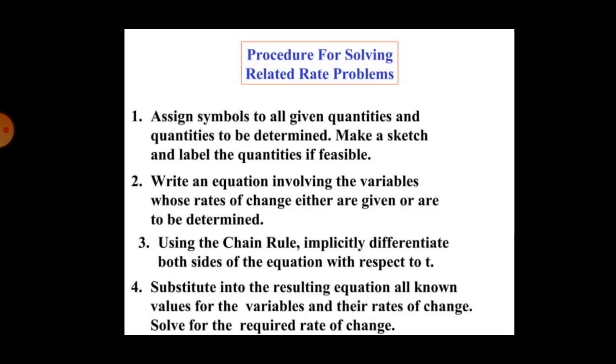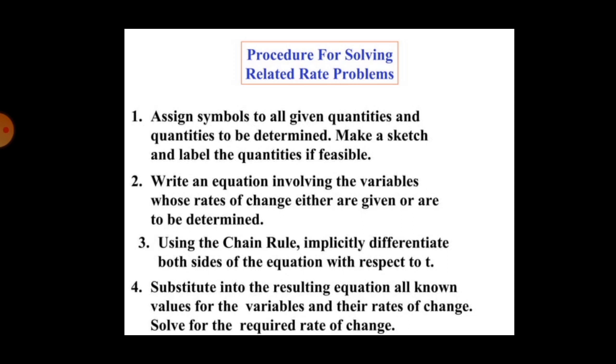Procedure for solving related rate problems. First, assign symbols to all given quantities and quantities to be determined. Make a sketch and label the quantities if feasible. Second, write an equation involving the variables whose rates of change either are given or are to be determined.